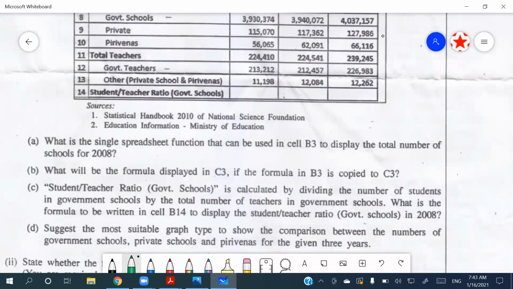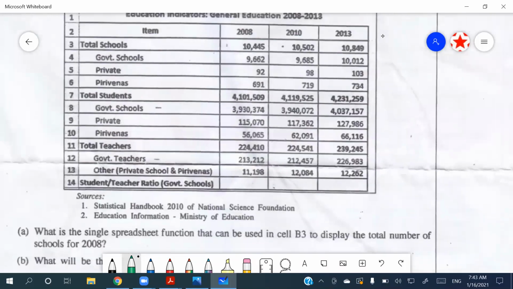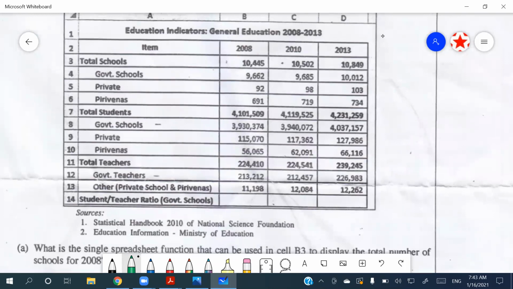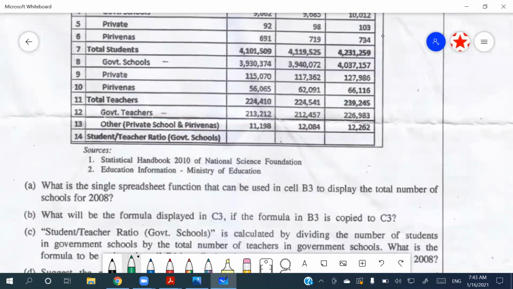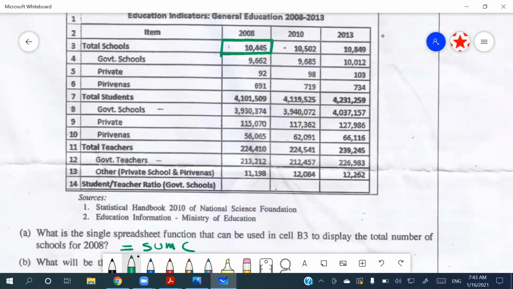What is a single spreadsheet function that can be used in cell B3 to display the total number of schools for 2008? So B3 means this. So they are asking for a single function. So you have to write the sum function here. So you can say equals sum, and you can clarify the range.